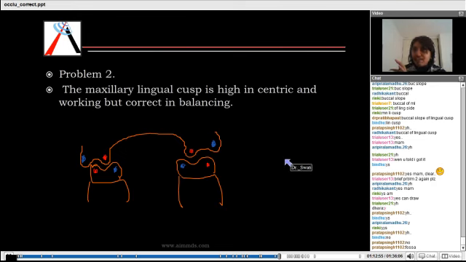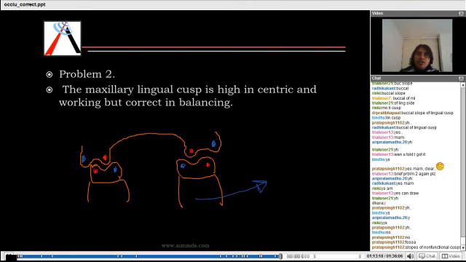If they're not interfering in centric, but they are interfering in the working direction, the working side is this. So where this red dot will come in contact with this blue dot on the working side, you will touch the blue dot. Which side of the blue dot? Whichever side is coming in contact, the inner side.